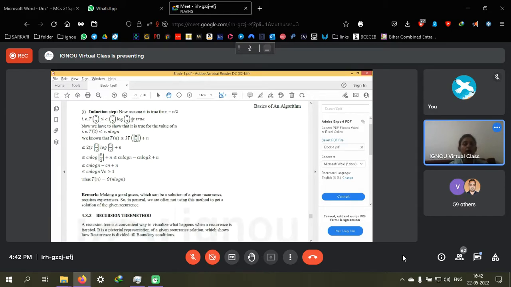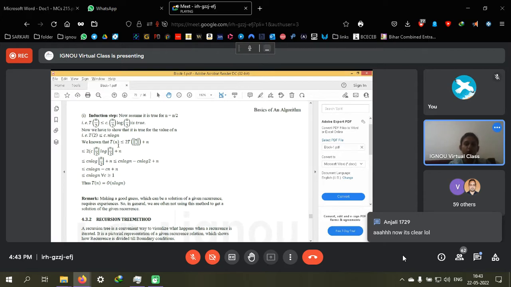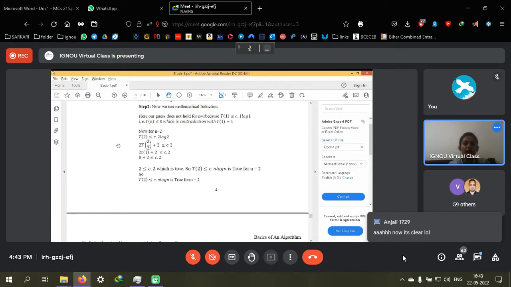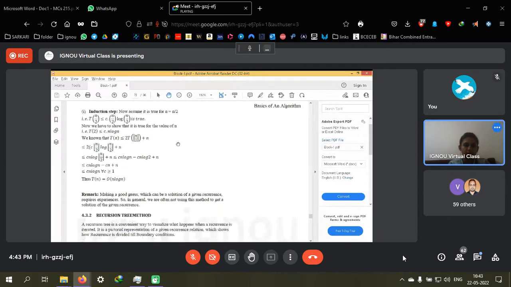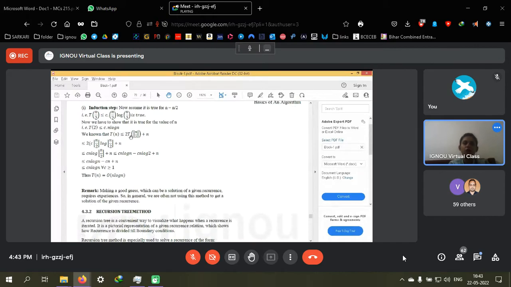Right? Now, if we are talking about the Tn value, what is the Tn value here? For the Tn here we have one equation, that is 2T of n divided by 2 plus n. So here it is. Right?